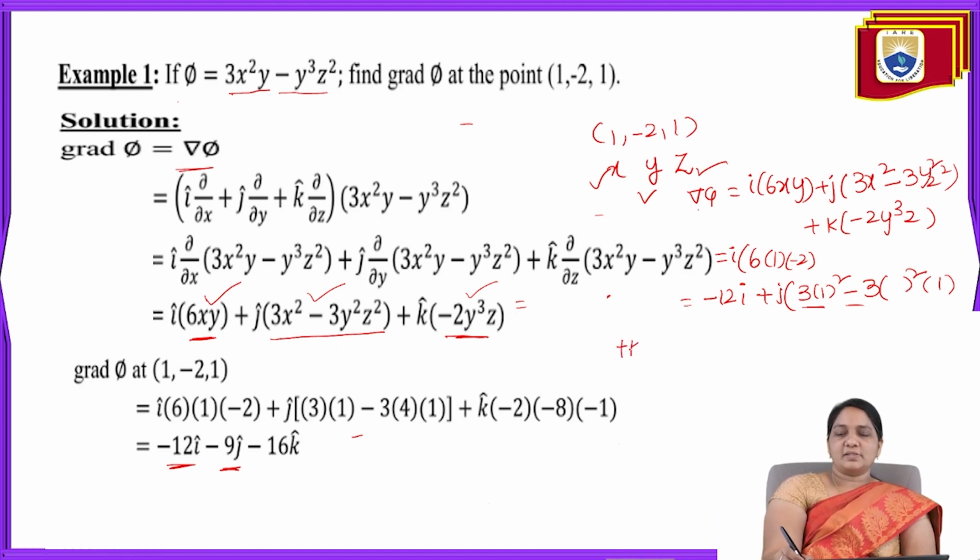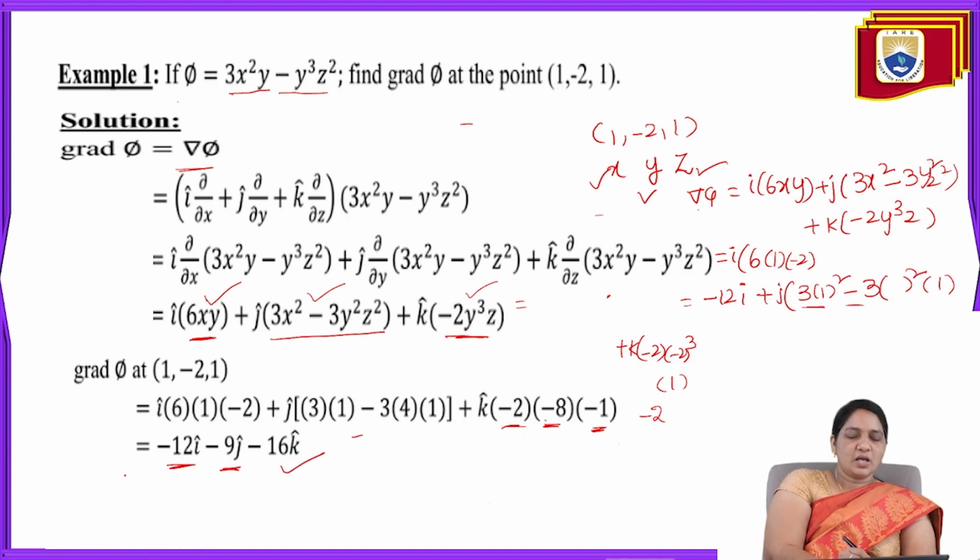Next, plus k into minus 2, y cube is minus 2 whole cube, z is 1. Minus 2 whole cube is minus 8, so minus 2 into minus 8 gives 16k.